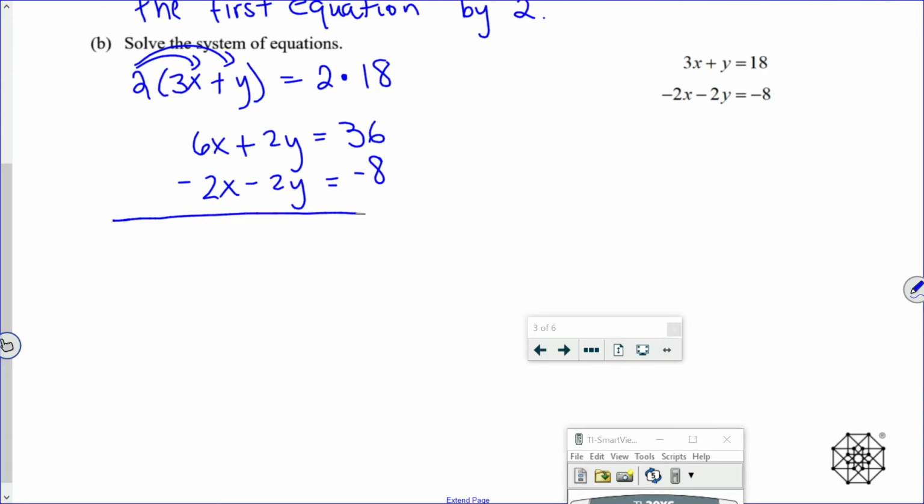When I now add them together, 6x plus negative 2x is positive 4x. 2y plus negative 2y is 0. And 36 plus negative 8 is 28. Again, look at how that y cancels, right? It's eliminated. I divide both sides by 4, and I find x is 7.